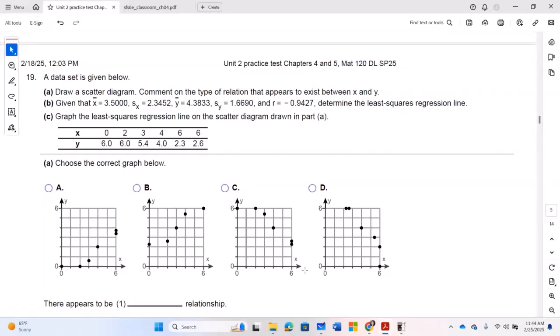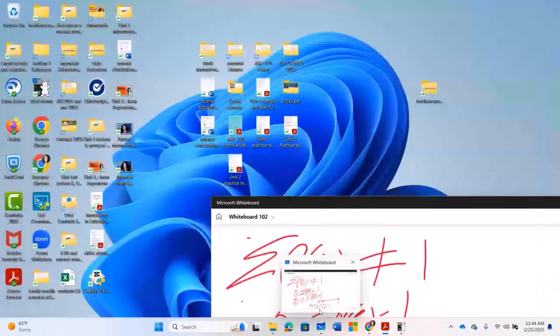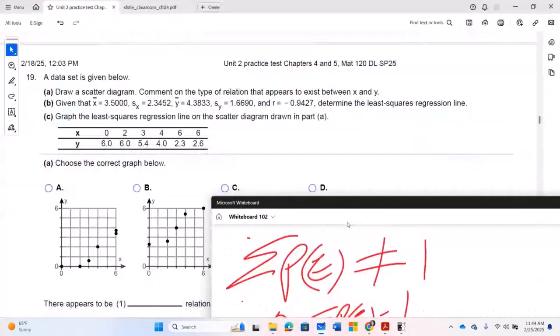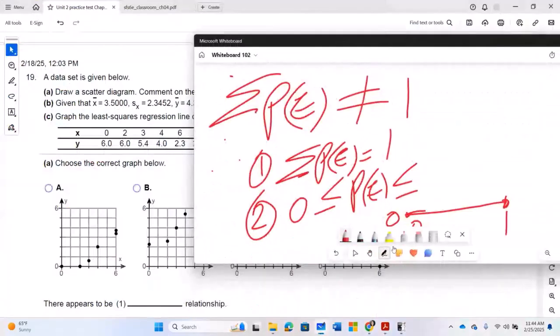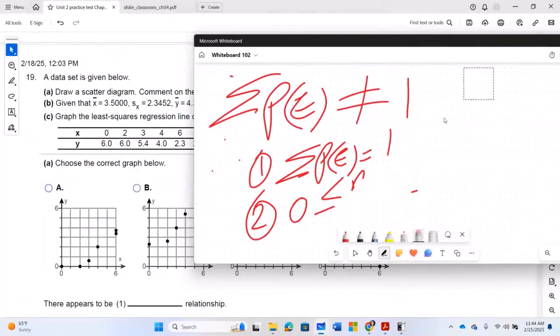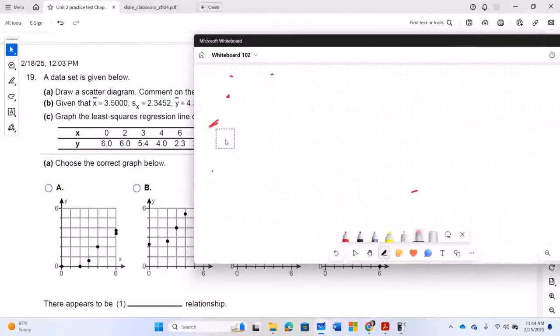First of all, the equation of the least square regression line, even though we are using the slope-intercept form, we're going to write the least square regression line actually the way it's supposed to be written.